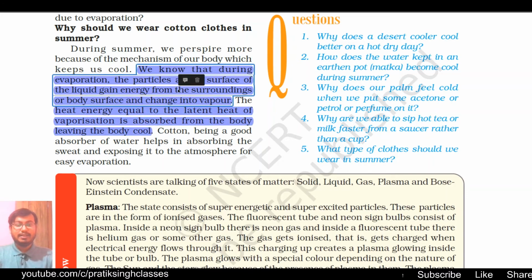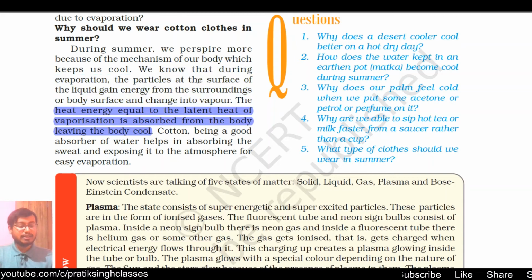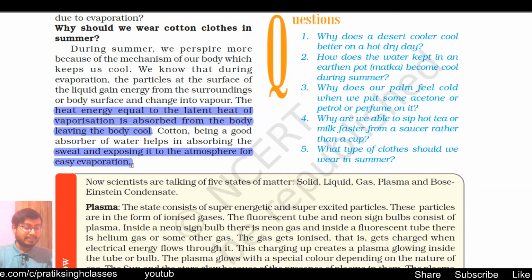Means the perspiration will take out energy from our body, and because of that we feel cool. Cotton being a good absorber of water helps absorb the sweat and expose it to the atmosphere for easy evaporation. And when evaporation happens fast, the exchange of heat happens fast, and because of that we feel cool.